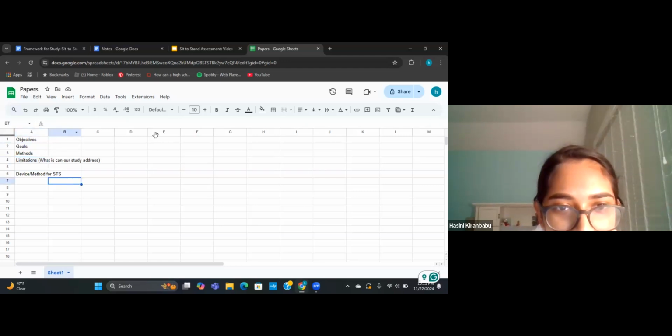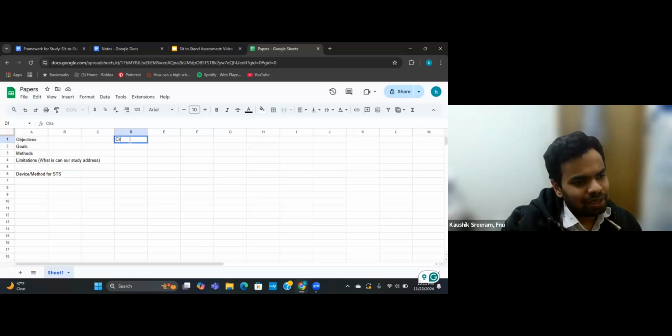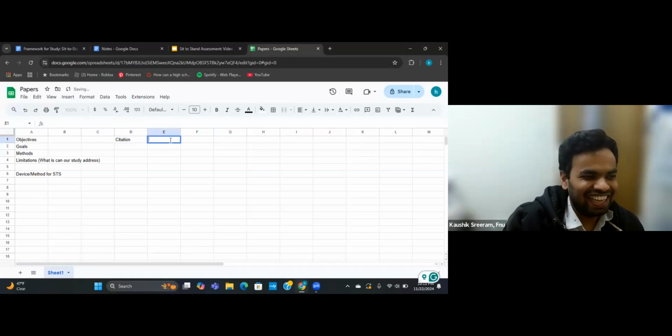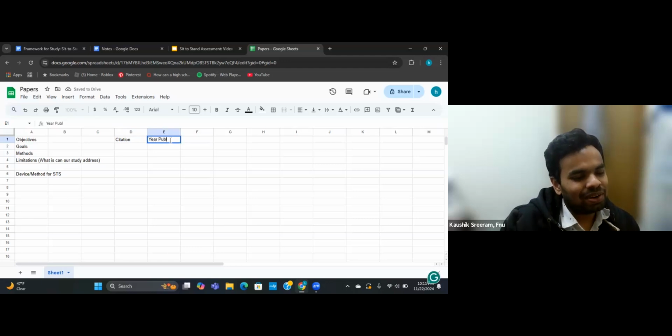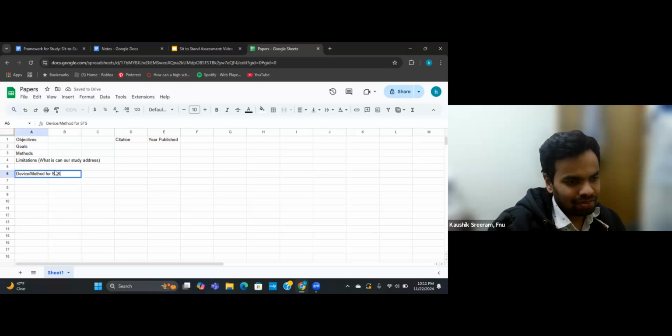You remember we did the Japanese paper, right? So when you say the method, you need to look at the software tool that they've used. That's what I mean by method.